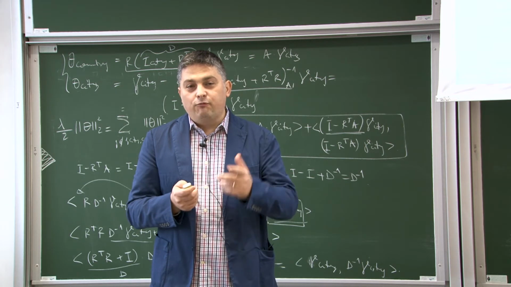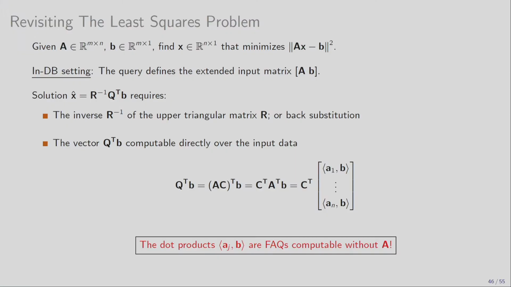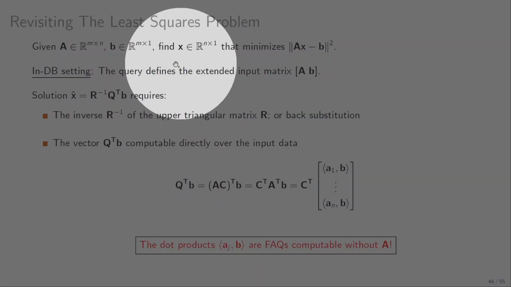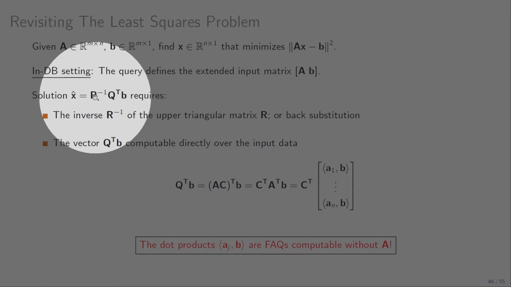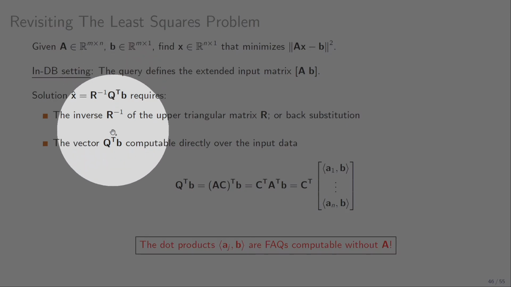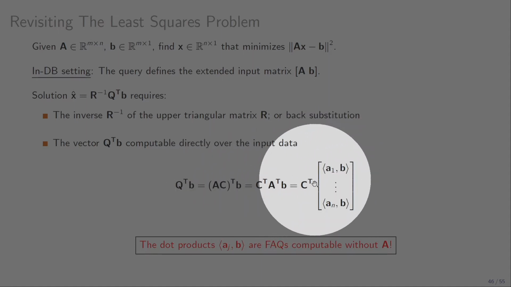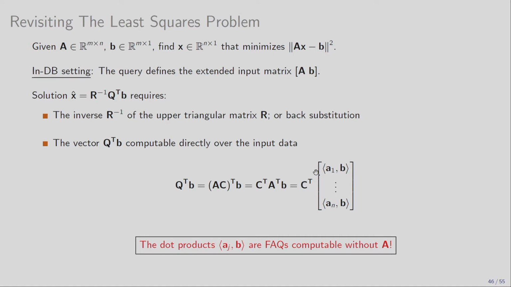And if we now look at how we can use this particular QR decomposition, for instance in the case of least squares problems, if we want to compute the solution, then as we've seen before, this is R inverse Q transpose B. Now, Q transpose B is (AC) transpose B, so it is C transpose A transpose B. So it is C transpose, and then we have our dot products between the vectors in A and B, which in this case could be considered as the label.